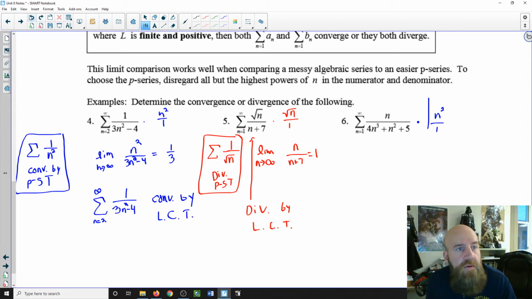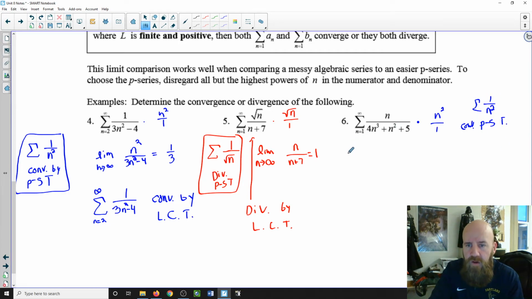I'm going to make it over here this time. So 1 over n squared, and this is the one we dealt with in the first example. This converges by p-series.